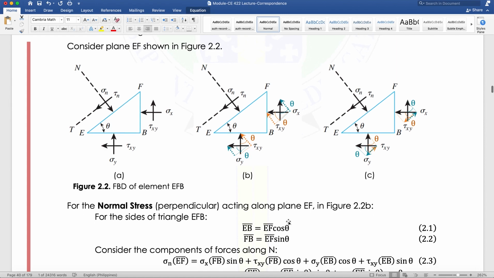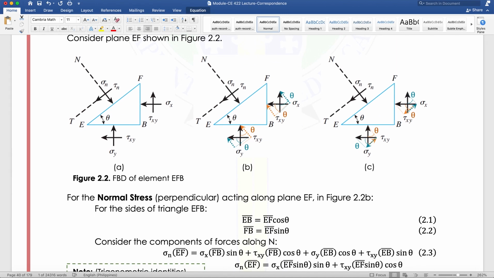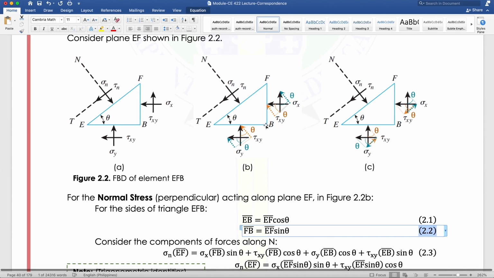The next procedure is we consider the components of forces along N. Take note, we have equation 2.1 and equation 2.2. Now, considering the components of forces along N, we have here theta. We can solve for the components with respect to the normal force using sine and cosine functions, or our SOHCAHTOA.